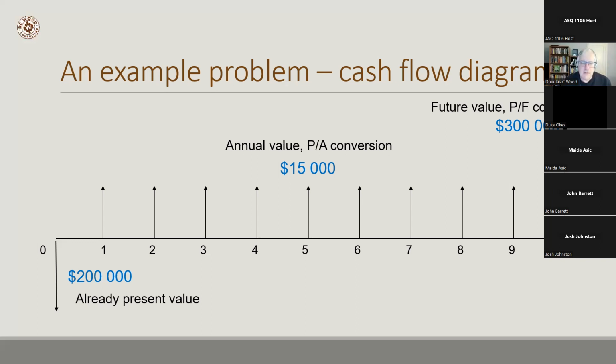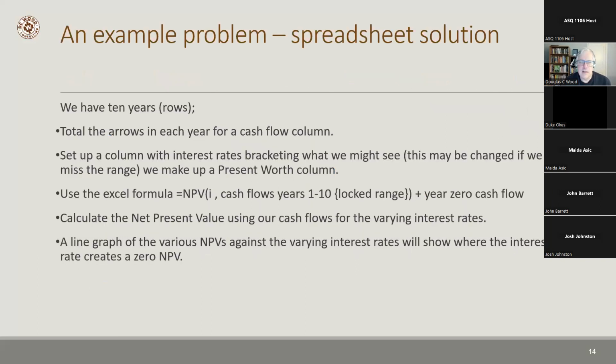Well, what's interesting, what do we think this rate of return is going to be? So again, you total up the arrows for a cash flow column. You set up a column. This is how you'd use a spreadsheet to do this. You set up a column with interest rates, and you're kind of bracketing what you might see. It might change, and that makes a present worth column.